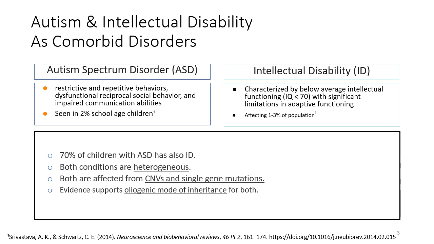Both are relatively common in the population, and we observe that 70% of children with ASD are also diagnosed with ID. They show similarity in their genetic background, as both disorders are affected from CNVs and single gene mutations, and both show oligogenic mode of inheritance.